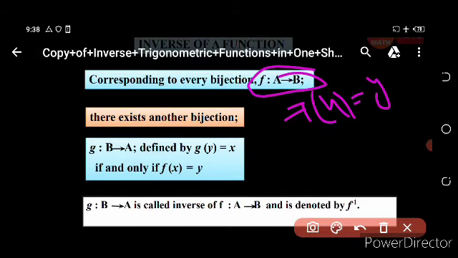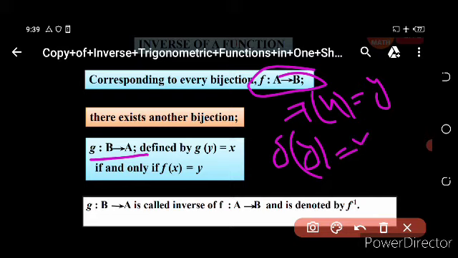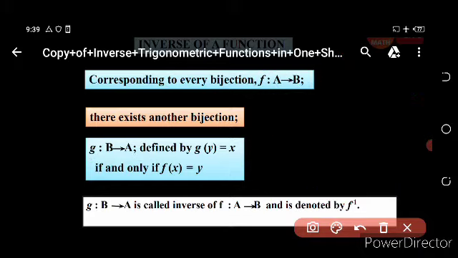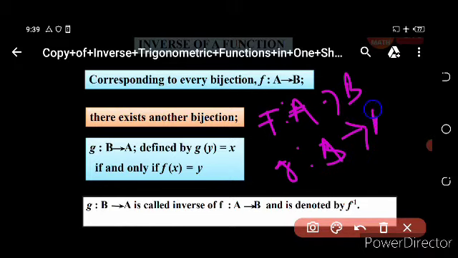So the function from B to A, the inverse, is defined by g of y is equal to x. If there is a function from A to B and the converse is there from B to A, then g of y is equal to x. This is called the inverse function. So if a function from A to B is there, then the inverse is the g function, that is B to A, which is f inverse.